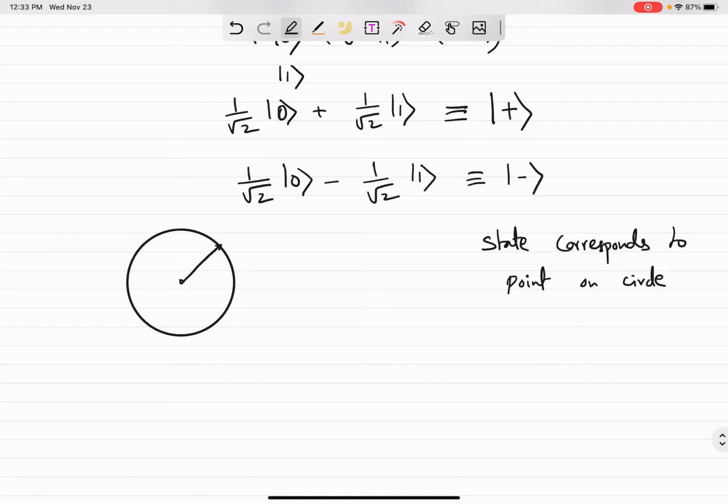So if you were to visualize it, you can say that this is 0. Okay, and this is 1. What would this be at 45 degrees angle? Which is plus, right? And minus would be this guy. Maybe I should use different colors.